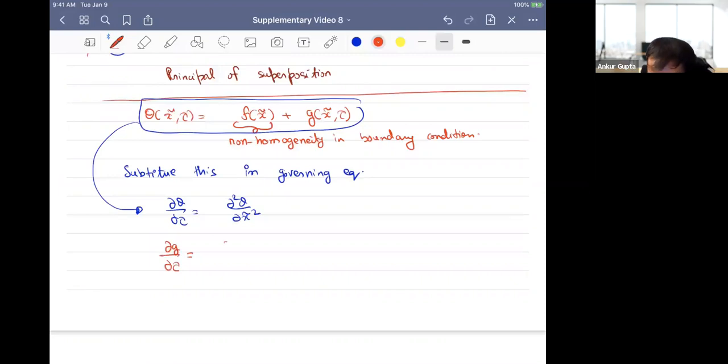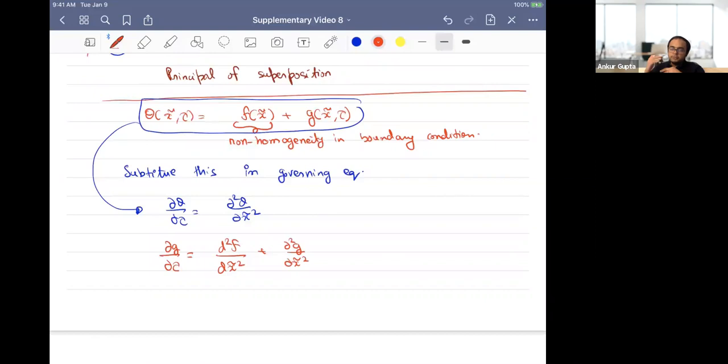The right hand side is d square f by dx square, plus del square g by del x square. And you will see that this linearity is very important here. We are able to do this because this is a linear problem. If it was not a linear problem, we would not be able to just add things like that.